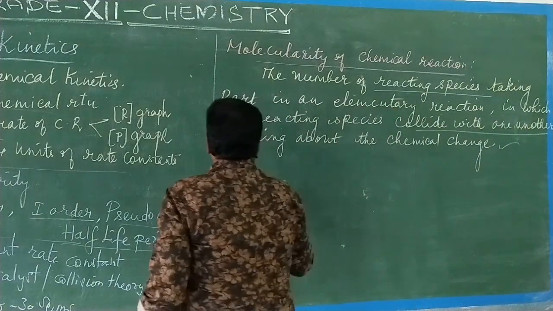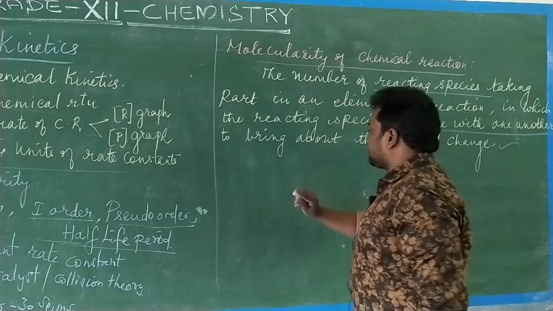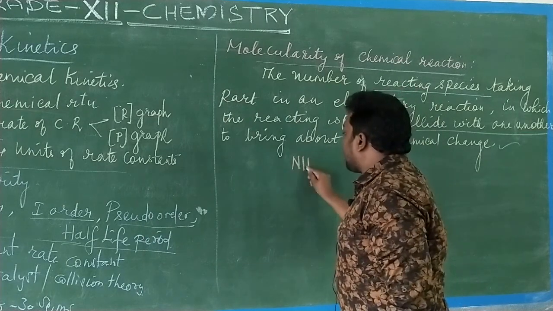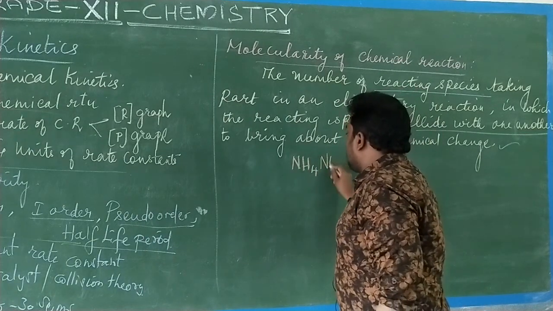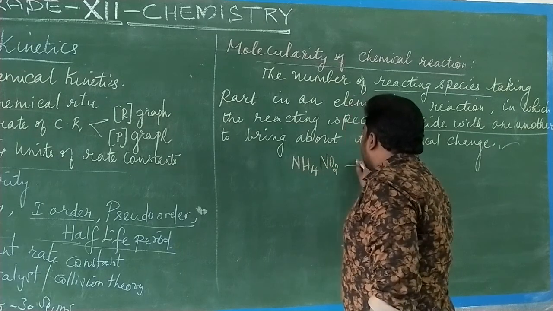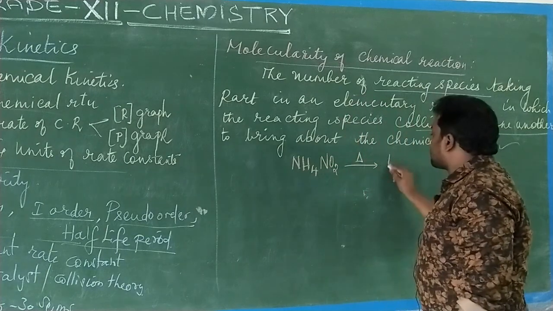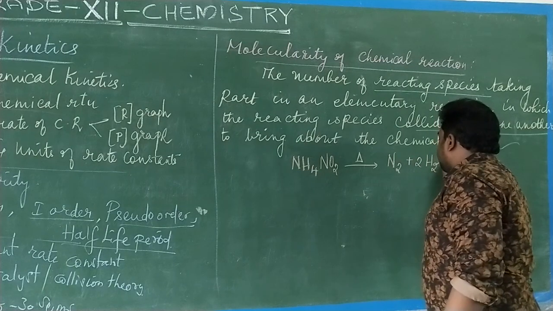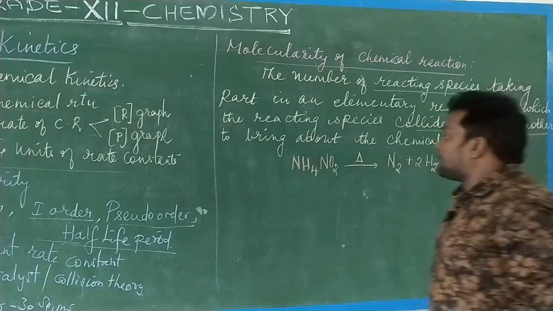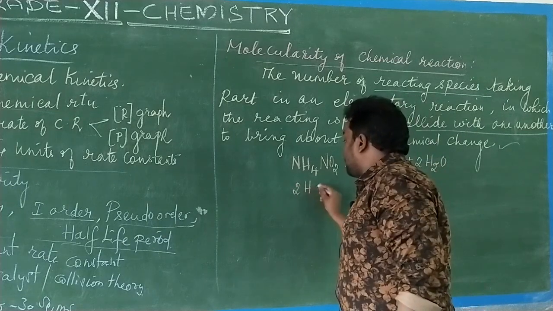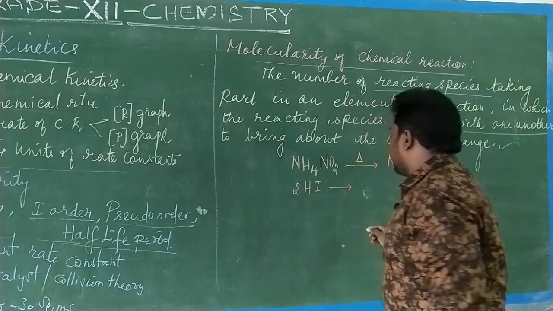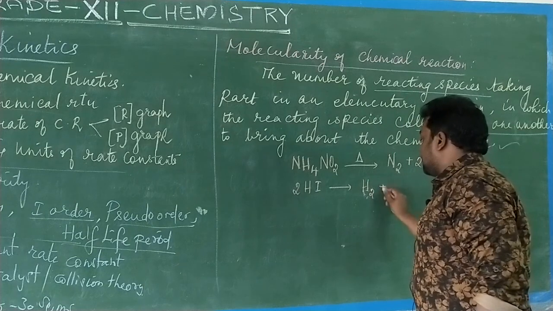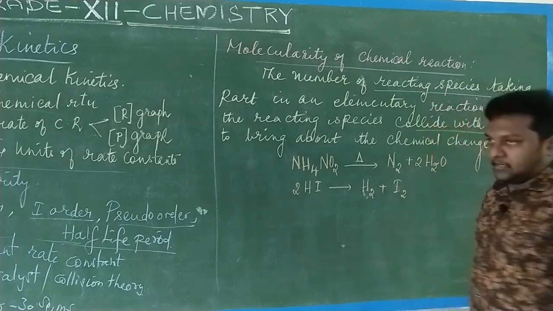Say for example you take ammonium nitrate, the decomposition of ammonium nitrate gives rise to the formation of nitrogen plus 2 molecules of water. One example. The second example is the decomposition of hydrogen iodide giving rise to the formation of hydrogen plus iodine.